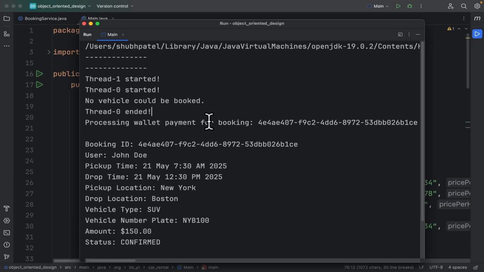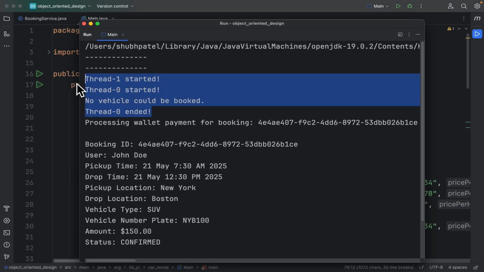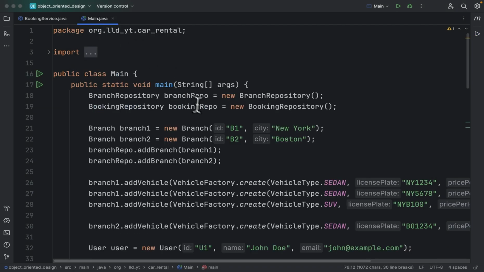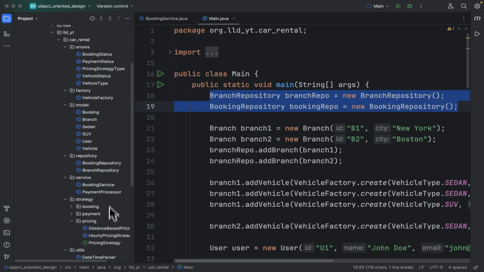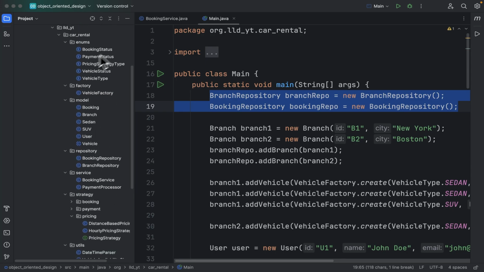It might be user A or it might be user B. I don't care. Only one of them should get it. That is what I care about. So I hope now you understood that our code is also handling the concurrency part as well. So now let's see each and every class which is present in our car rental system.